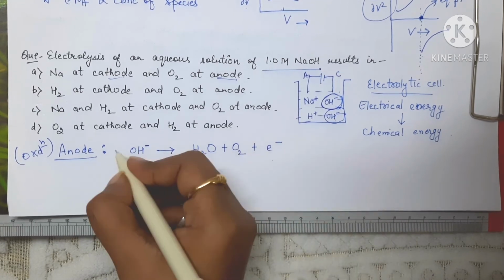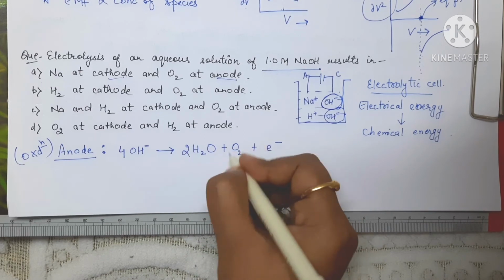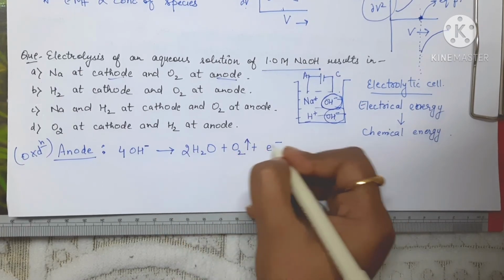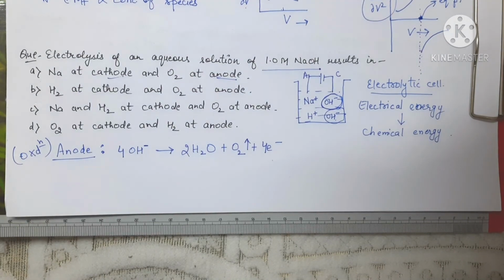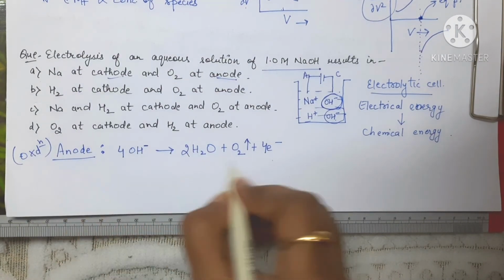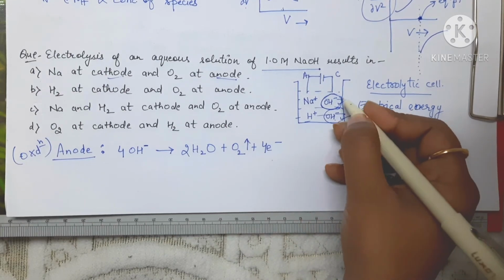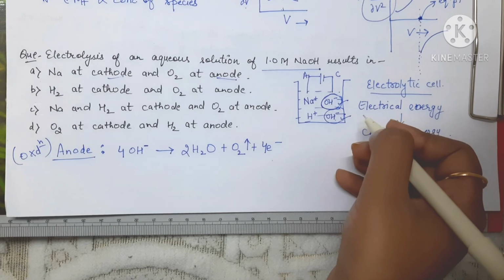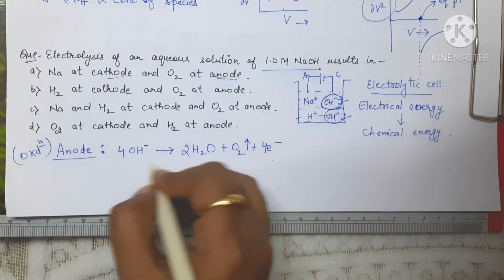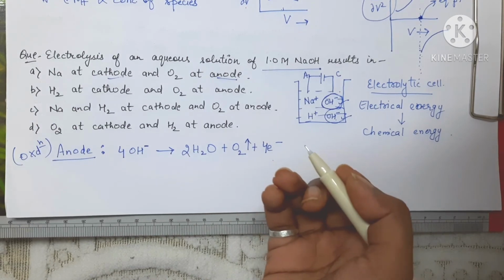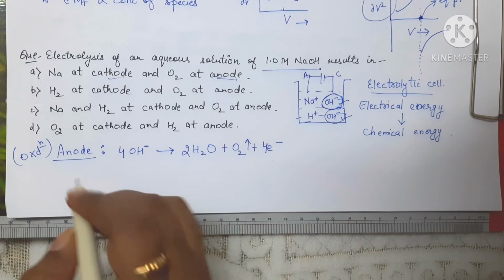If we balance the equation, it will be 4OH negative giving 2H2O, O2 gas will be released along with 4 electrons. So this is the reaction at anode. It was easy because here in both of these cases we are having OH negative ions. So definitely at anode oxidation is going to take place, and that too of the OH negative ions, right? So at anode this reaction will take place.